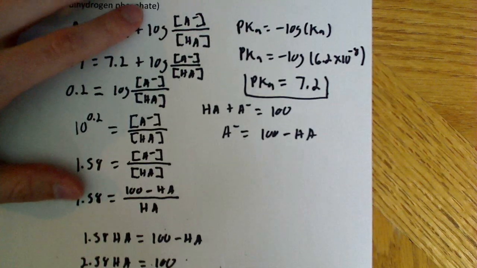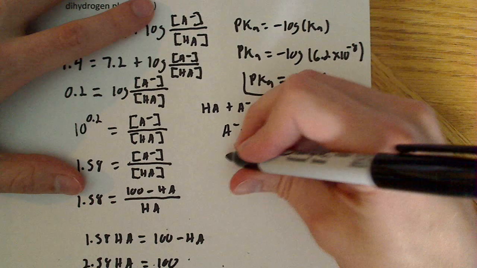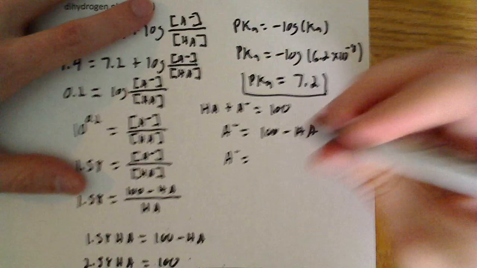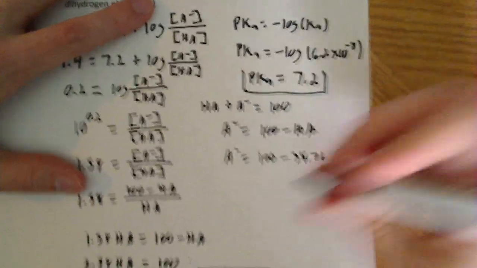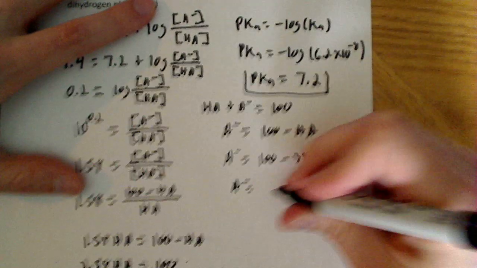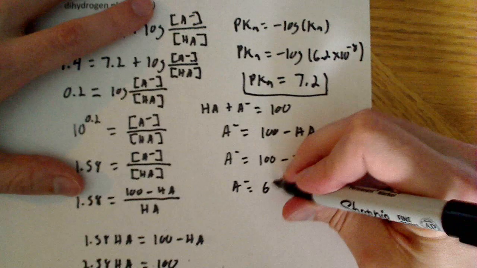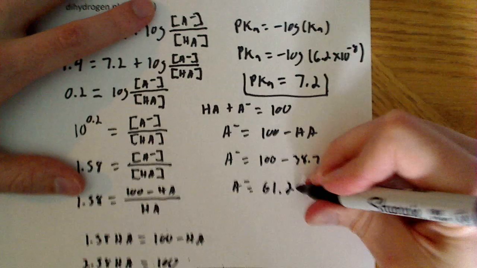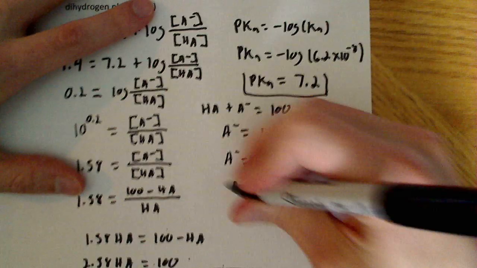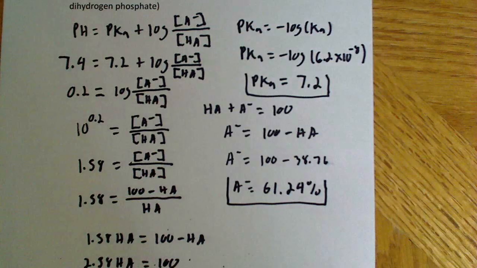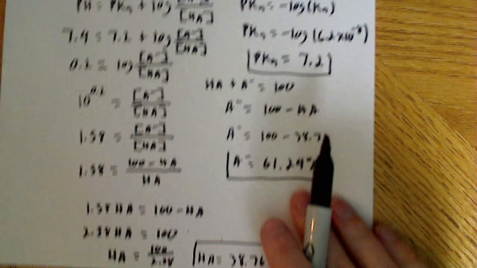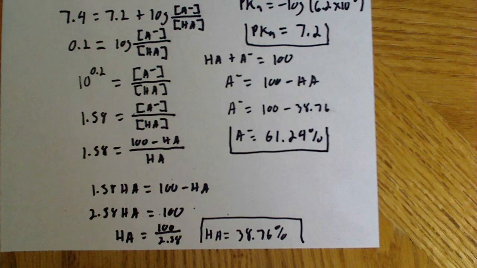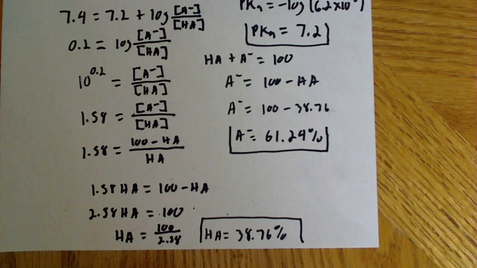To find the deprotonated amount, we say A- is equal to 100 minus 38.76, and that leaves us with 61.24% deprotonated. So the ratio is 38.76% protonated and 61.24% deprotonated.